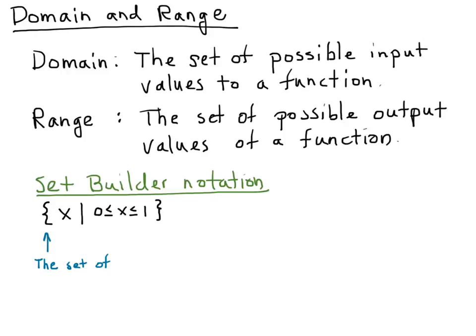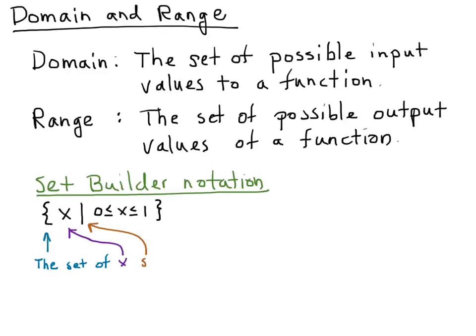We usually use our independent variable. And so we say the set of x. And then this vertical line here just means such that. And so really with this framework of the set of x such that, it leaves you a lot of freedom, because then you just make a list of all the things that you want to include here. Or exclude, sometimes that's a little easier as well.